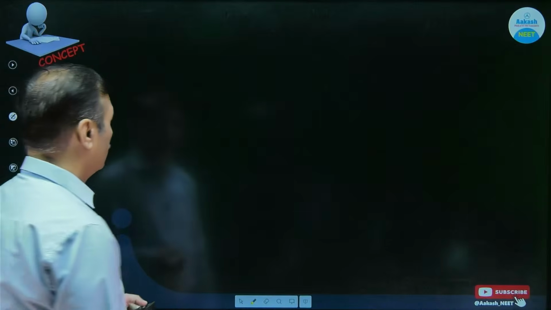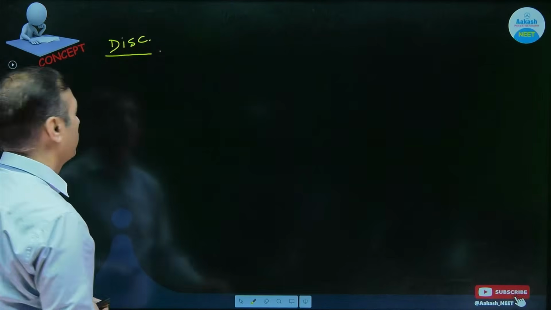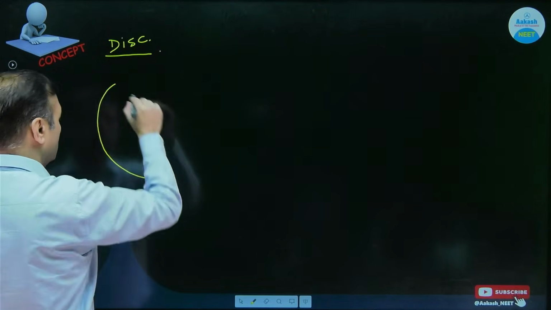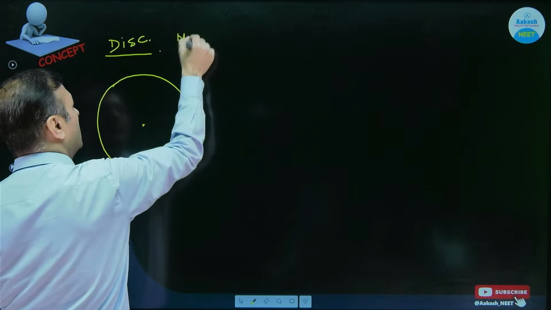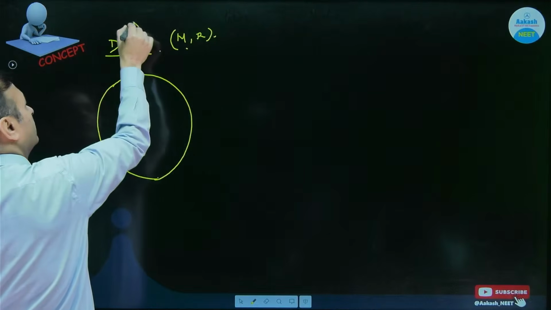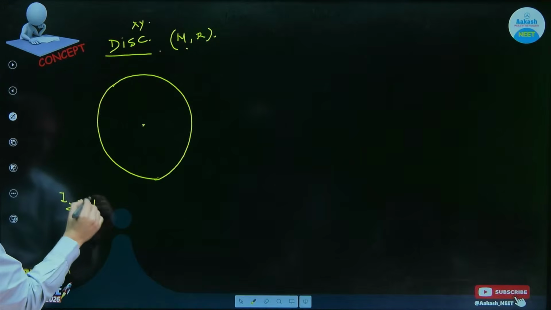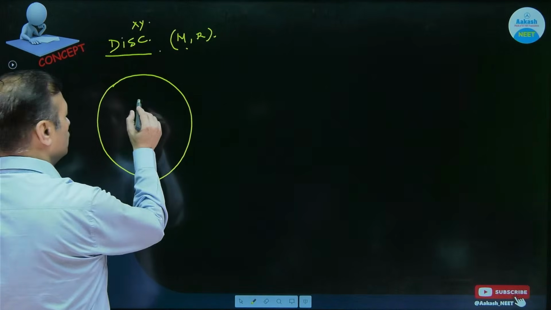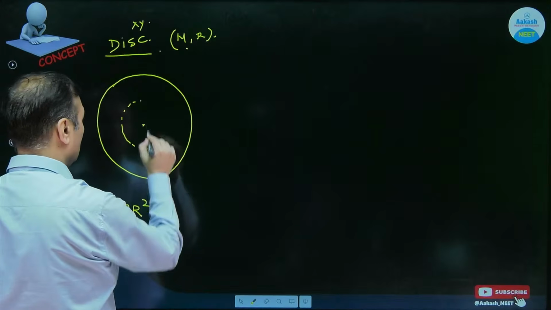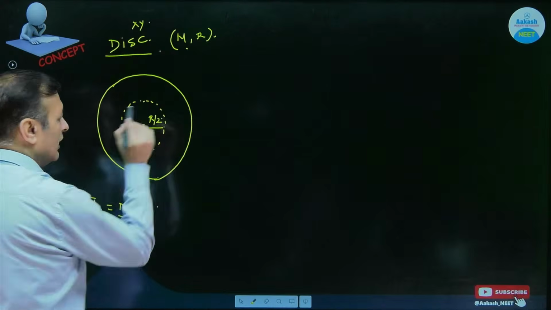Got it? Now we have a disk. So disk of mass m, radius r, and this is in xy plane. So moment of inertia of this disk is, let's suppose original one is mr square by 2. Let's suppose a small disk of radius r by 2.